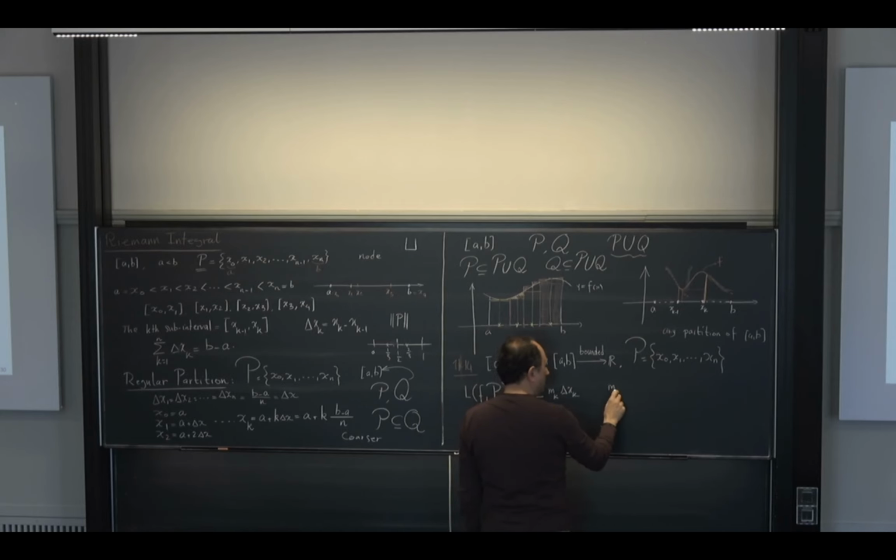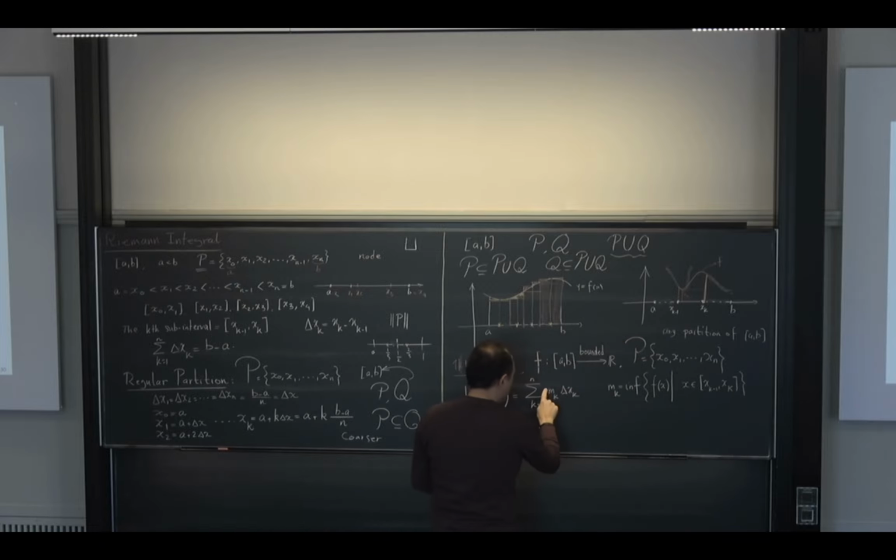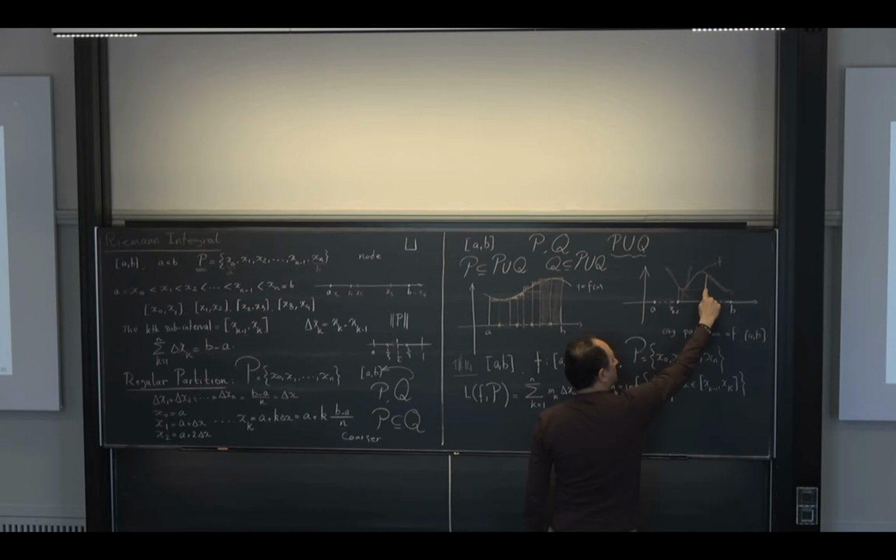So little m sub k is the infimum of the values of your function, where x belongs to the kth interval. If you want to understand more or less what is the meaning of this single term, it is this area. Yes?